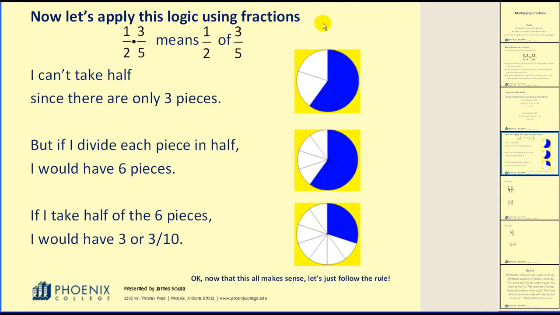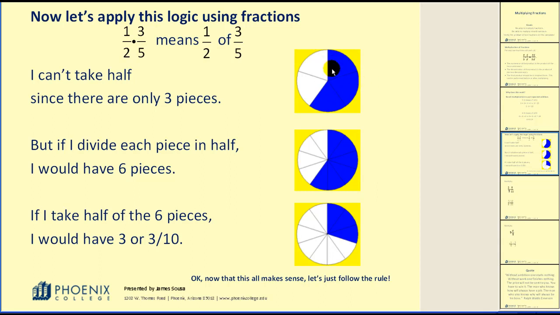Now if we apply this logic to fractions, it gets a little more involved, but I think we can still make sense of it. If I want to model 1/2 times 3/5, that means I want half of 3/5. Well, if I model the fraction 3/5, I can't take half of these pieces because there's an odd number of them. There's only 3.